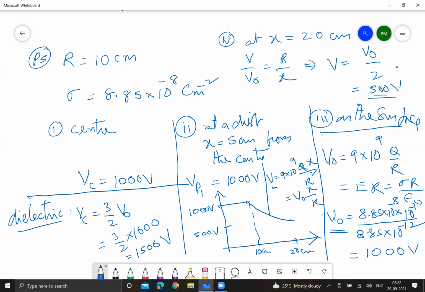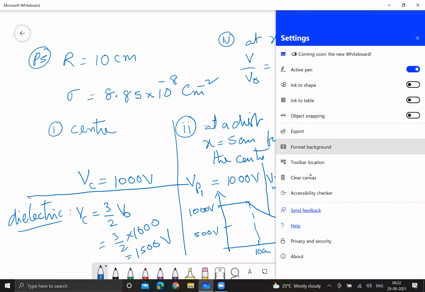It's not mentioned that charge is present only on the surface. I just said for a sphere of radius, this is the charge density. Okay, sir.